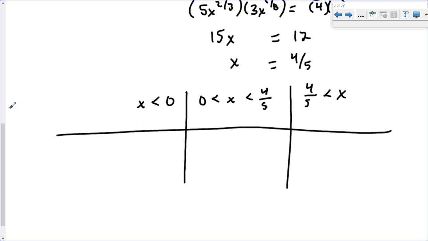I go from negative infinity up to 0. 0 is a breakpoint, or a checkpoint is a better way to say it. It was a restriction, but I'm just going to check it. Then I pick it up again from 0 to 4/5. 4/5 is an extreme point, and then I pick it up again for 4/5 and beyond. Those are my only intervals here.